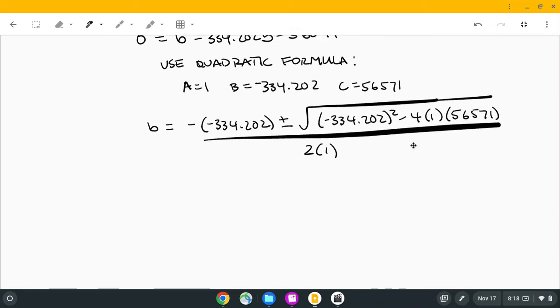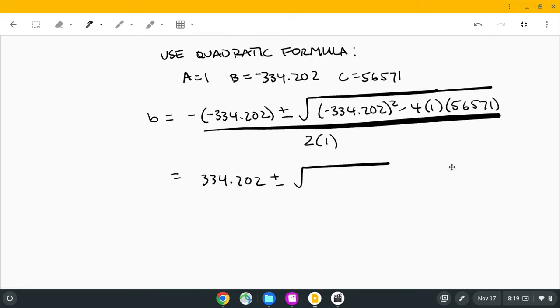Okay, and then when you punch all of this into your calculator and take the square root, you will get 581.356 all over 2.